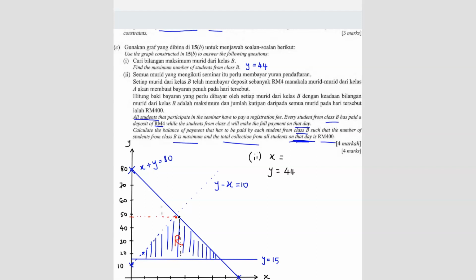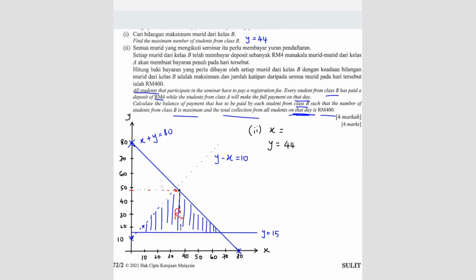You must find where it crosses at the x part. The answer that I got is 36. So when there are 44 students from class B, there will be 36 from class A. All these are maximum.